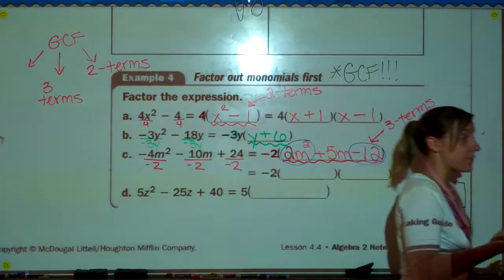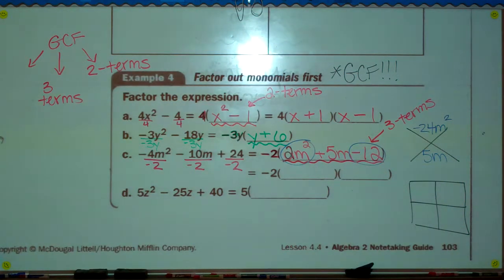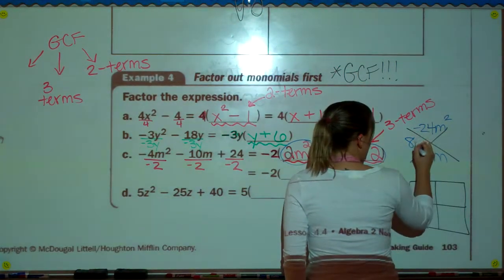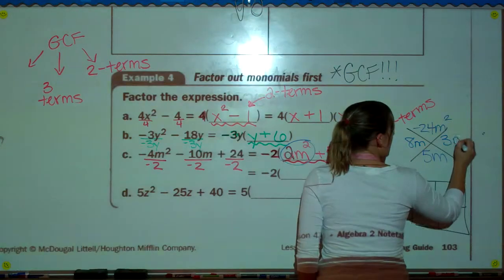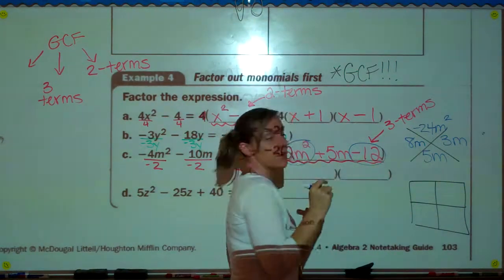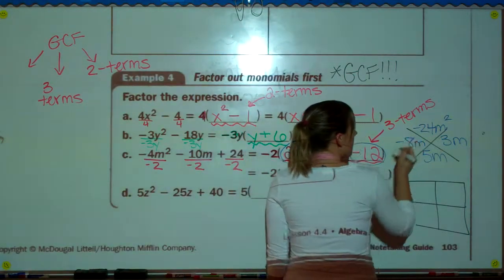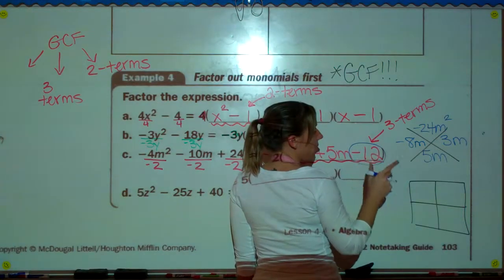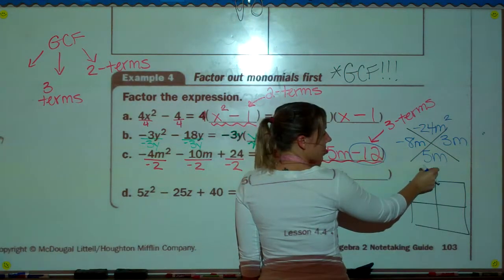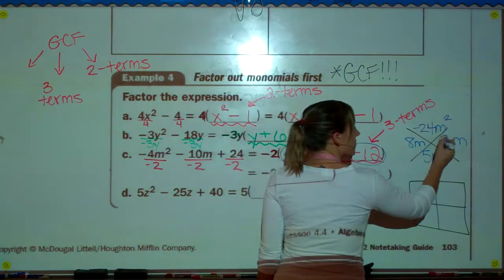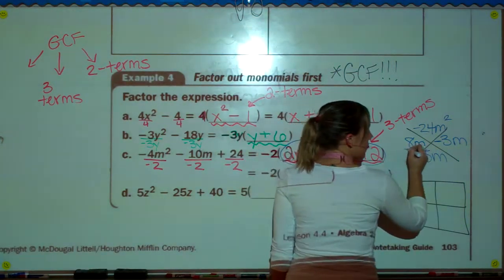Okay, so I need to think of my factor pairs. 8m and 3m multiply to 24. One of them needs to be negative, so let me make the 8 negative. These multiply to negative 24, but they don't add to 5. They add to negative 5. So change the signs. That one should be positive, that one should be negative.